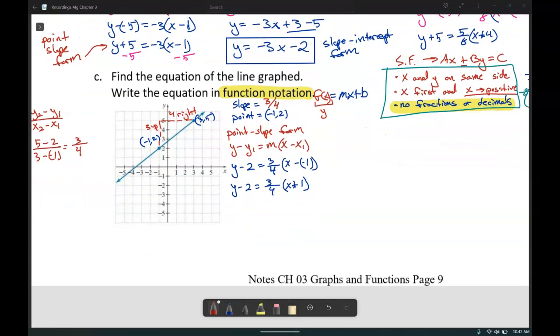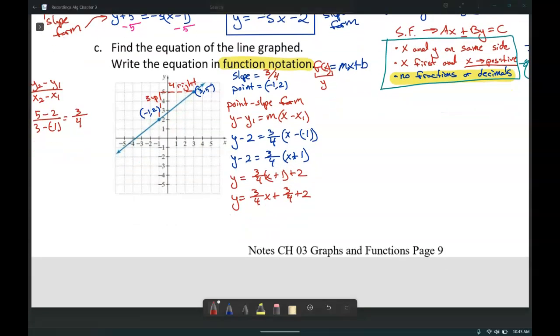So let's get y by itself. y equals 3/4 x plus 1 plus 2. We distribute. And then y equals 3/4 x plus 11/4. And then all we have to do is change that y into f of x, and we have function notation.